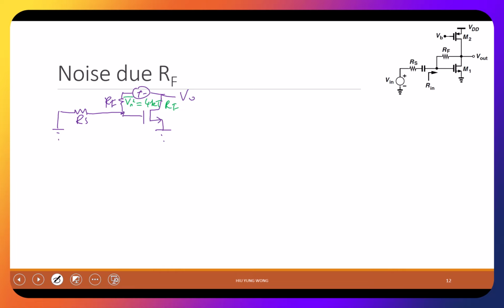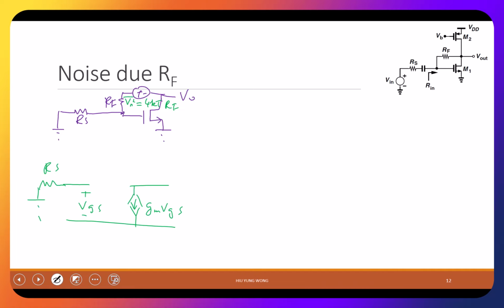So if you cannot see it, then let's just draw the small signal model. So this is the gate, right? So plus minus VGS. This is the drain to source, GM VGS. And now you say, okay, this guy is connected to RS and then to ground.